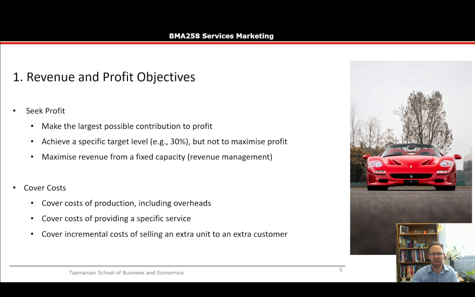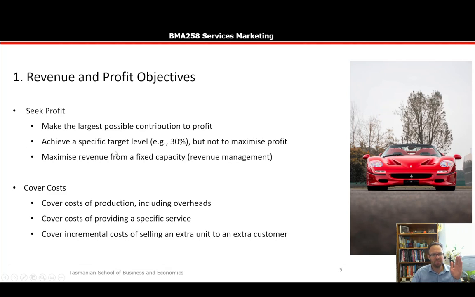So sometimes we'll have a pricing objective to achieve a specific target level, such as 30%, but it's not to maximise profit because there might be some advantages in not capturing that profit immediately, but then later on down the track. I come from the construction industry, and we have this as quite an important part of the way that we manage construction businesses.